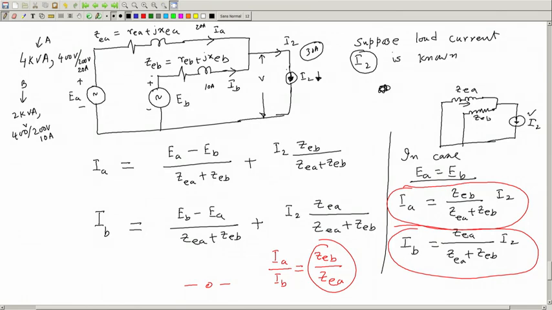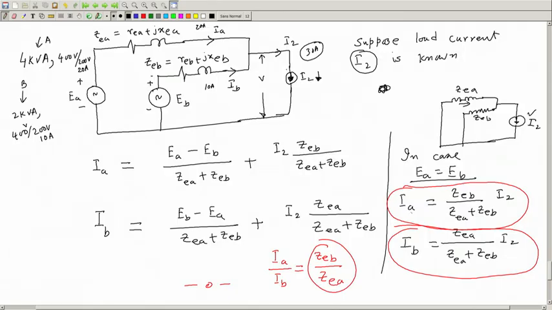In general, if EA and EB are not equal, it will be a general expression like this, but since EA and EB will be very close, and if they are absolutely equal, then of course IA will be simply this and IB this one. The second terms will be much higher compared to these terms.